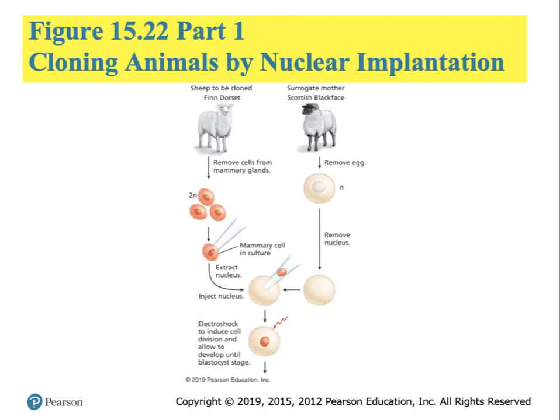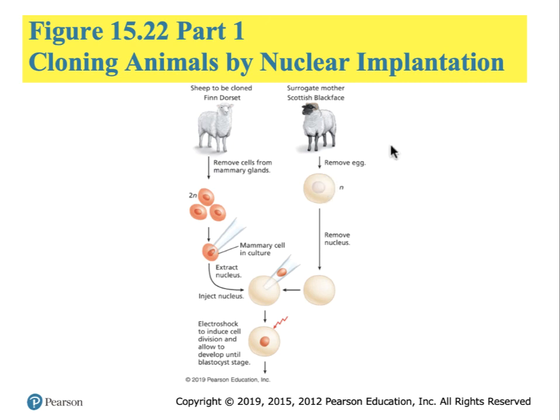The final figure, figure 15.22, relays the scientific process. So cells were removed from this donor sheep. There they are. The nuclei were taken from these cells, and the rest of the cell was discarded. At the same time, another breed of sheep was used to donate an egg, an unfertilized egg.